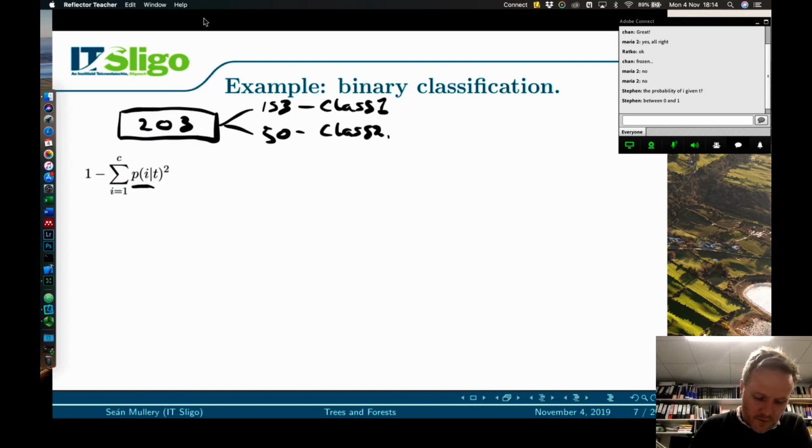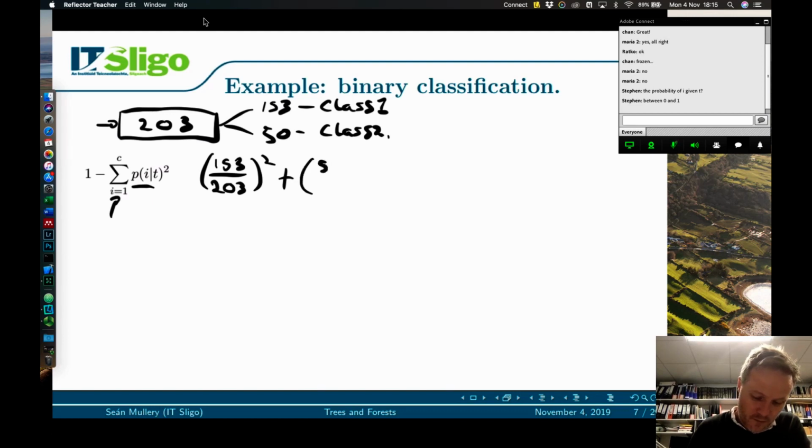Firstly, can we figure out what the probability of class 1 is at this particular point? Well, how we do that is we say that of the 203, 153 of them are of class 1. So that's 153 out of 203. And we're going to square that. And then we're going to add, because that's what our sum is. And we've only got 2 classes here. So we're going to go for our next class.